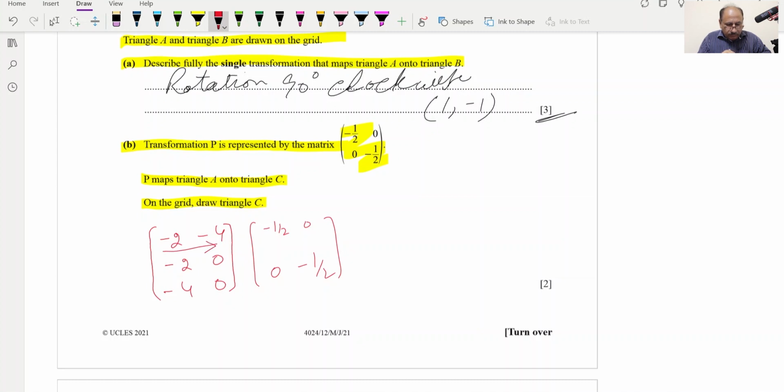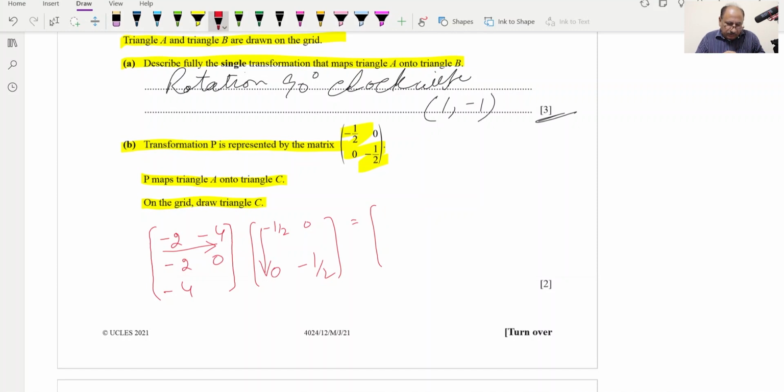We will multiply first row, first column, and this will be -2 into -1 by 2, it will be 1, and then -4 will be multiplied by 0, so we'll get 0.